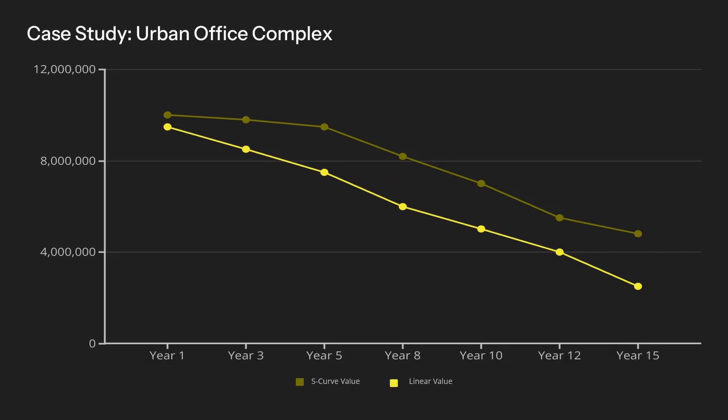Then, see here, if you use a straight line method, the depreciation curve will be somewhat like this. So it is linear, it is following a linear pattern. But in the case of S curve, in the initial phase it is somewhat linear, but in the middle phase, depreciation is not linear, and again in the later stages it is very less.